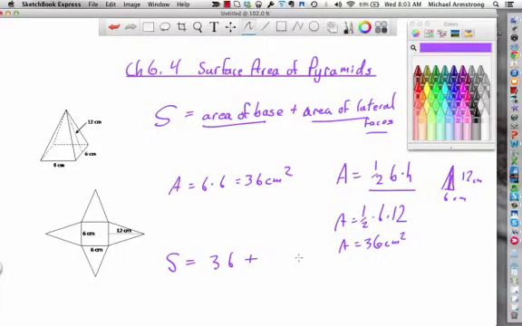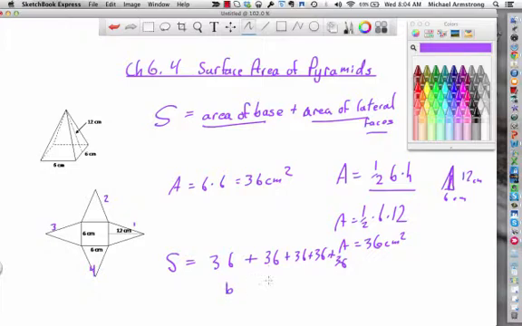Now that's pretty interesting how that worked, because it's 36 for the square, and then it's also 36 for each of these 1, 2, 3, 4 lateral faces. So there's 1, 2, 3, 4 of those plus the original base.